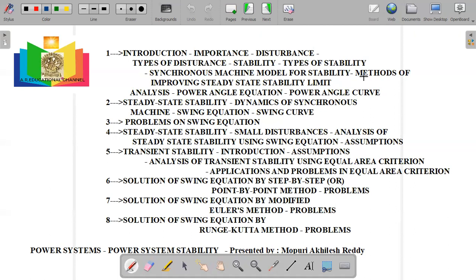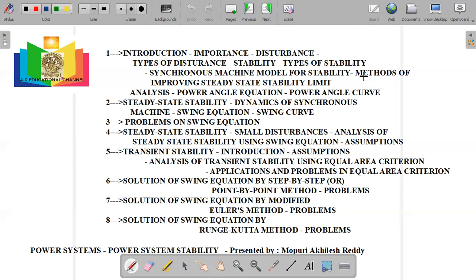Actually, whenever we are speaking about stability, we will be speaking about different components connected to the power system. Different components connected to the power system means many synchronous motors and synchronous generators are connected in parallel to provide the demand to the grid.